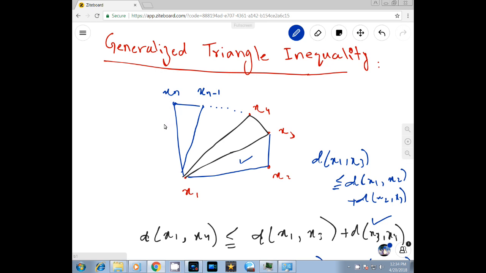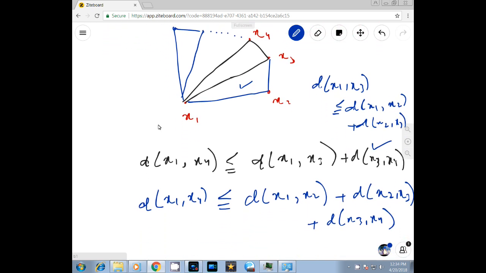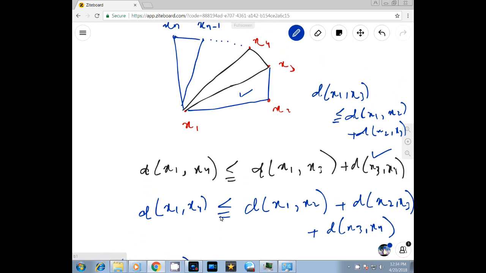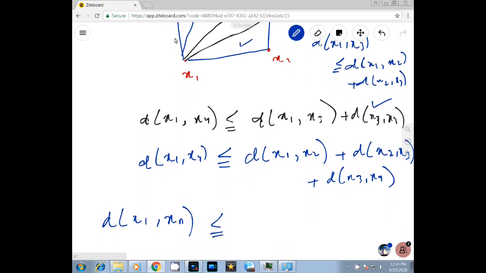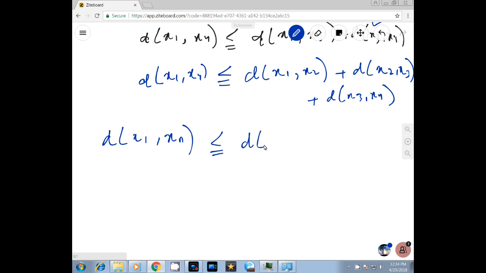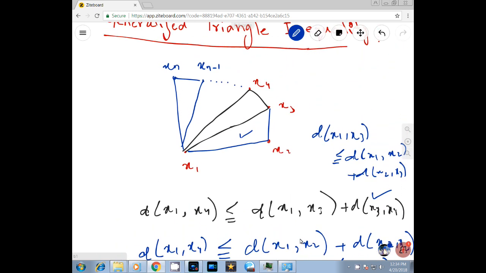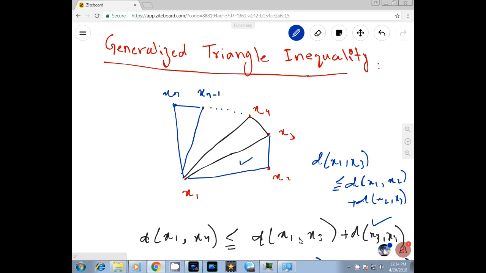If you apply the triangle property here, then you have d of x1 to xn is less than or equal to, look into the triangle, d of x1 xn minus 1 plus the other distance, which is the distance between xn minus 1 and xn.